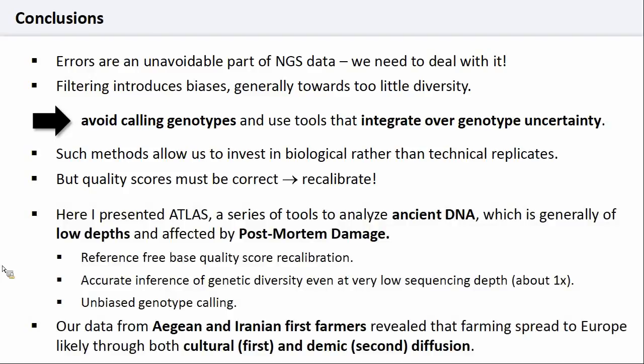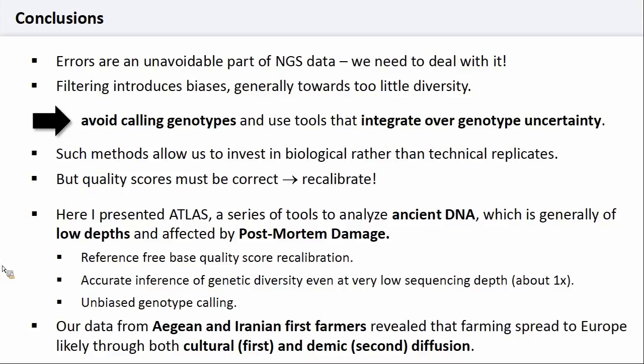Now, applying all this logic to the ancient DNA case here, I presented you some tools that we implemented in Atlas, the analysis tools for low coverage and ancient samples that we developed. It's a tool specifically designed to work with ancient DNA. Ancient DNA has two major things to deal with: low sequencing depth and postmortem damage, and both have to be properly taken into account.